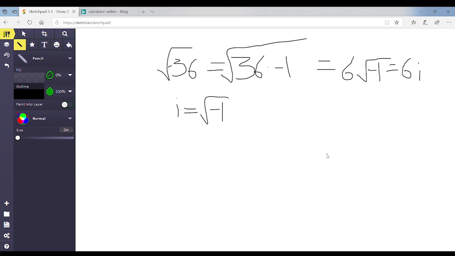Which means that 6i equals the square root of negative 36. Think of it this way: you're still taking the square root, except i is being used as a tool. It's a number that people use to show what the square root of a negative number is. It's still 6, and 6 times 6 is 36, but when you put that i there, it means it's negative.